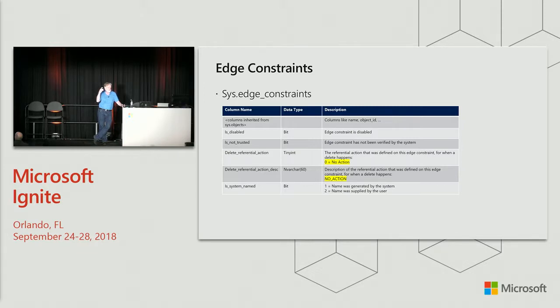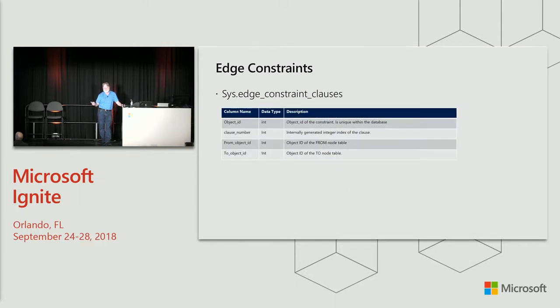In other words, if you create a constraint on an edge, until the system verifies that the existing data satisfies the constraint, it's not trusted. Then there's the delete referential action, which is a tinyint, and the description, so that's the no action. And again, it's there because there will be other actions in the future. And is system named: was the name generated by the system, or was it supplied by the user?